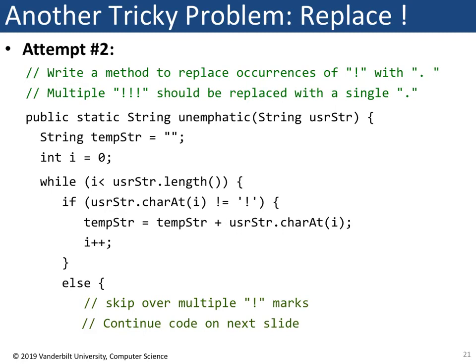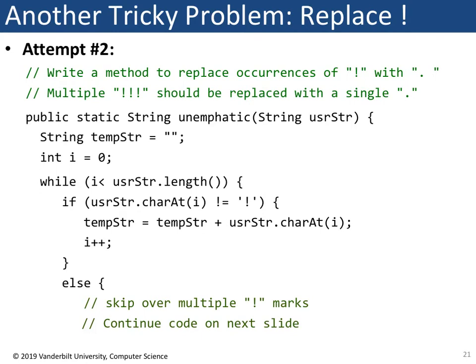We can declare a temporary string, which is where we will build our new string that we will return that is no longer including any exclamation marks. Initialize a counter variable we'll call i, and then use a while loop to go through the entire string until i is greater than or equal to the length of the string.